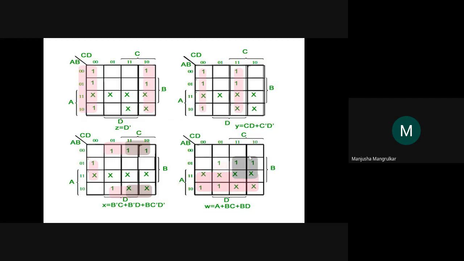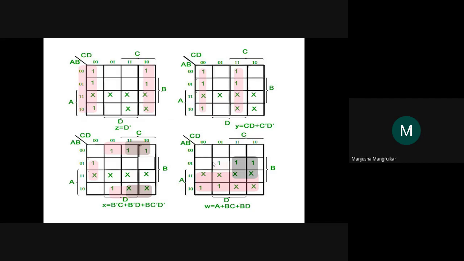For this 4-cell group, A changes, B is the same, C is the same, and D changes. So the answer is BC.